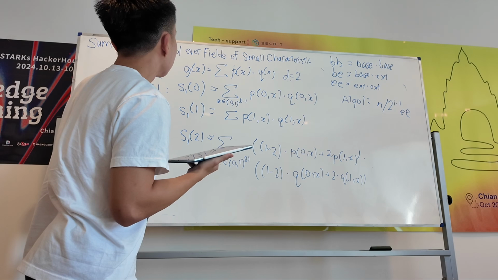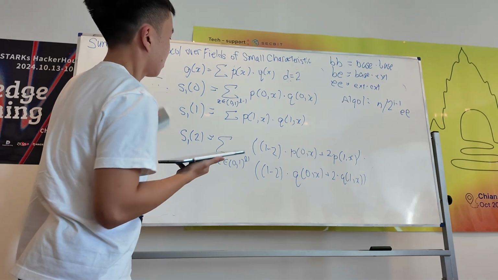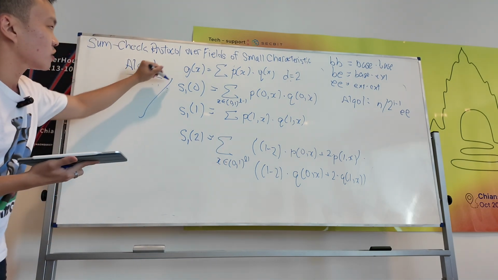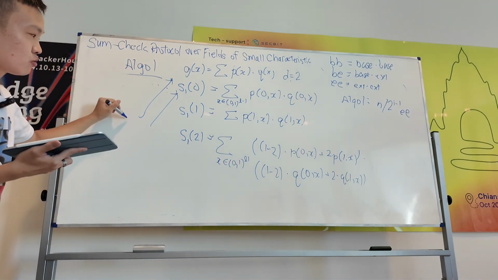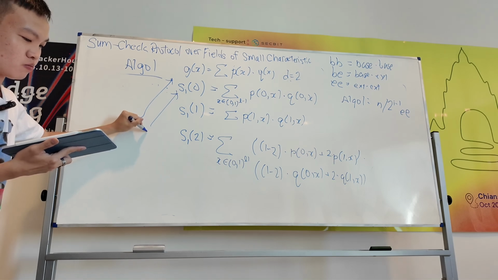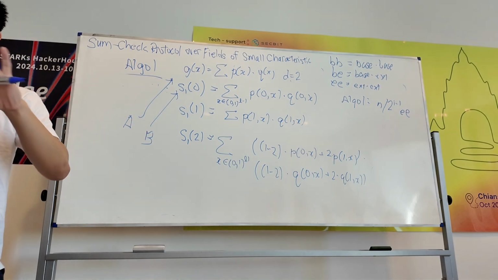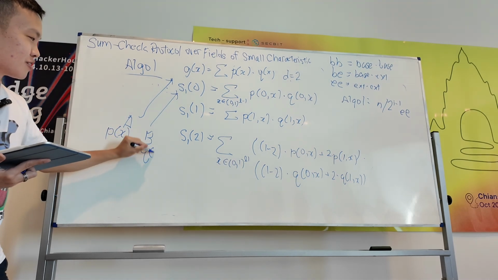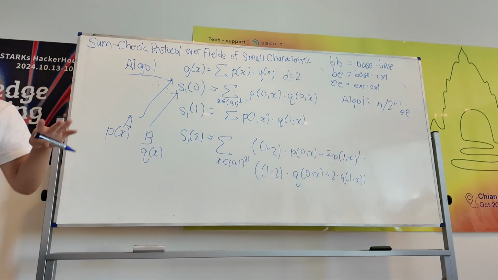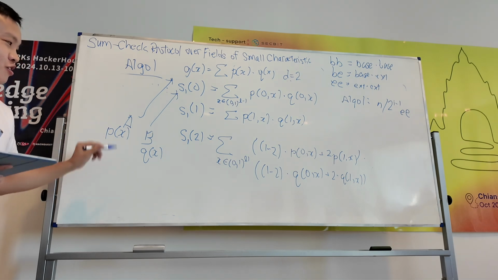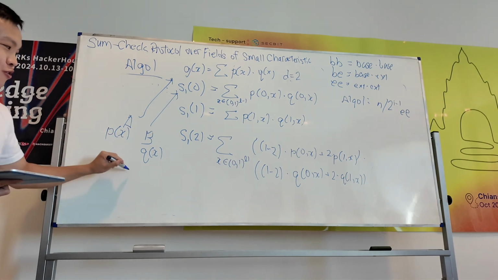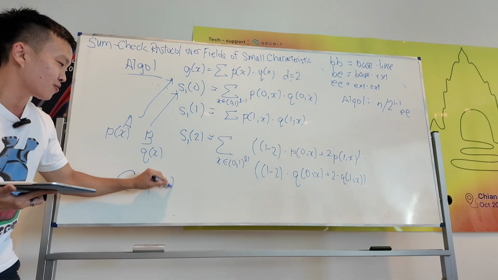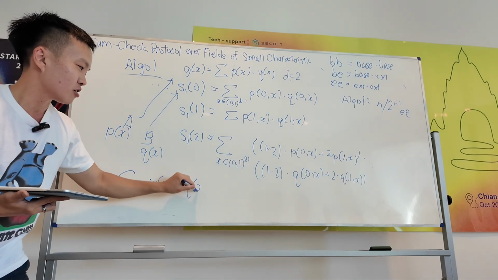In algo 1, they store this in two vectors, A and B. But in algo 3, they store all evaluations of P(x) and Q(x) together in the vector C, which holds the evaluations of P(x) dot Q(x).